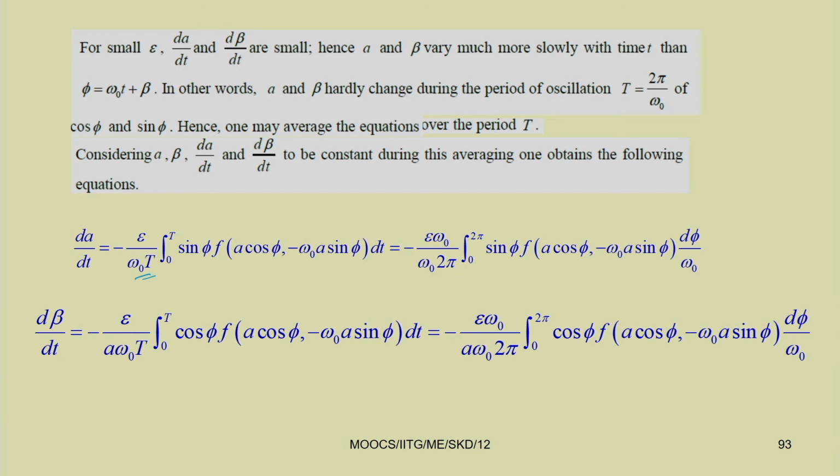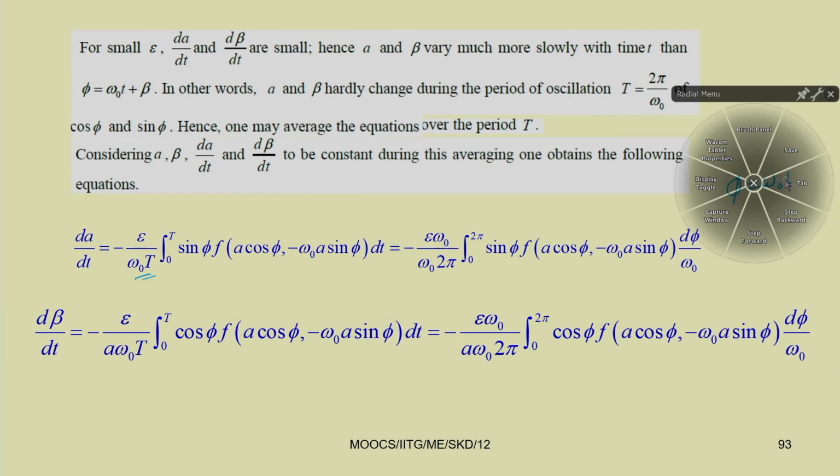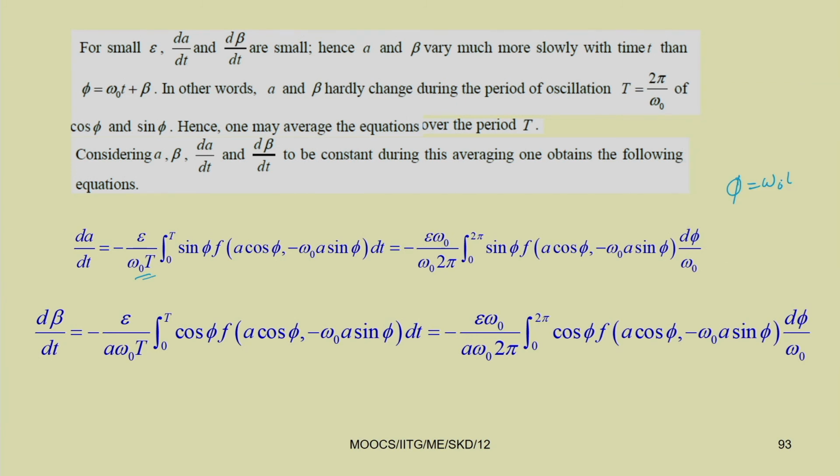So this becomes epsilon omega 0 by omega 0 2 pi, integration 0 to 2 pi of sin phi f of a cos phi minus omega 0 a sin phi d phi by omega 0, as we have taken phi equal to omega 0 t plus beta.